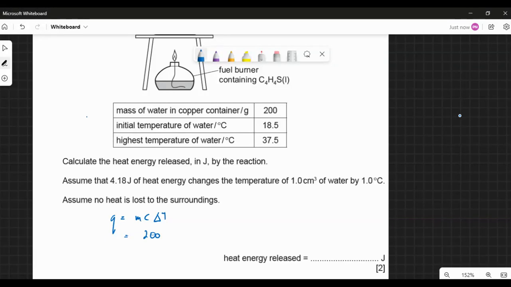Please don't forget that. c is 4.18, apparently. And delta T, I have no idea. Someone do it for me, which is 37.5 take away 18.5. What's that? 19? Is it 19? Yeah. So then you do that for me, please. 200 times 4.18 times 19.